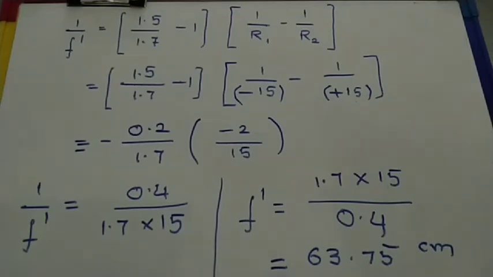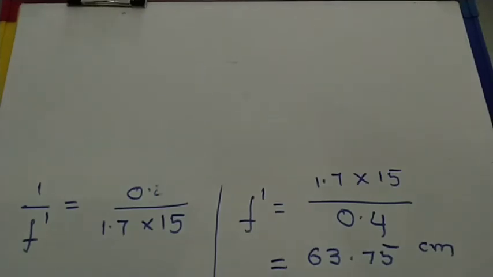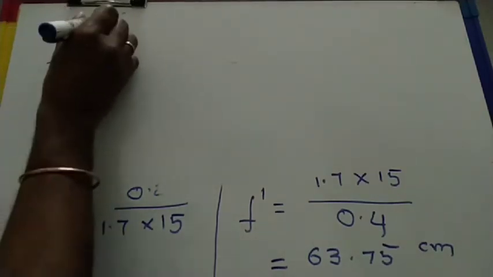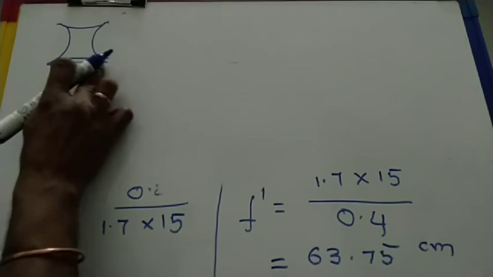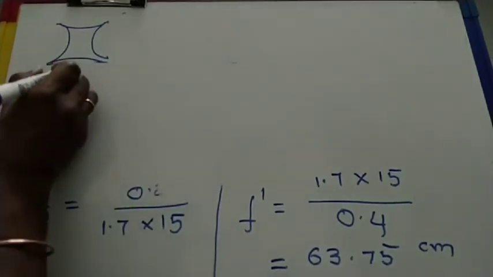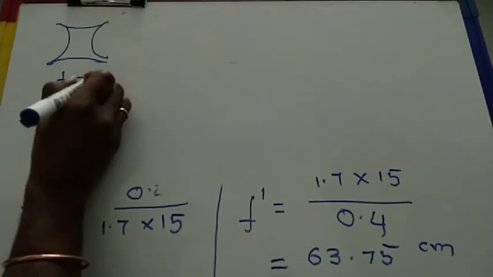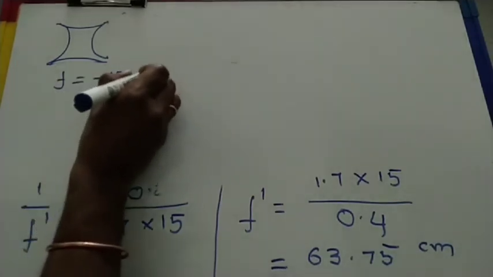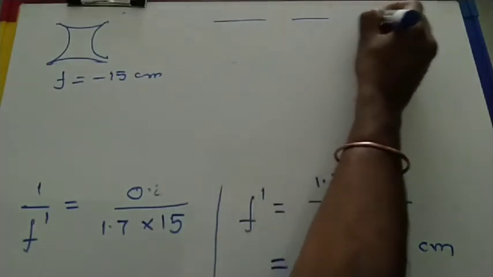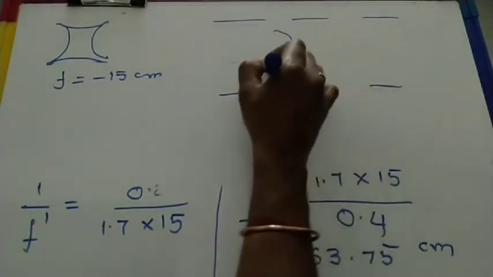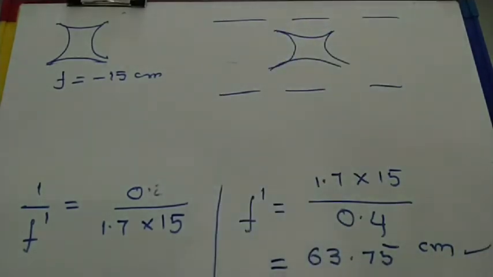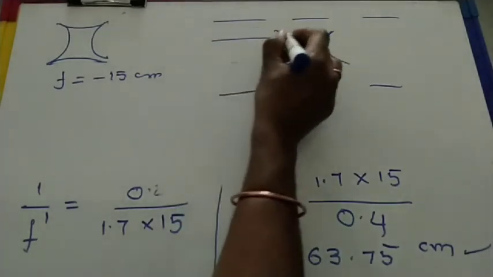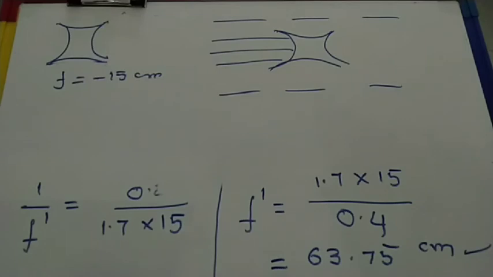Now, what did we understand from this? Initially, it is a concave lens. The focal length is equal to minus 15 centimeters. Whenever we immerse it in a liquid, what is the focal length? 63.75. That means the rays falling on it, it acts like a converging lens.